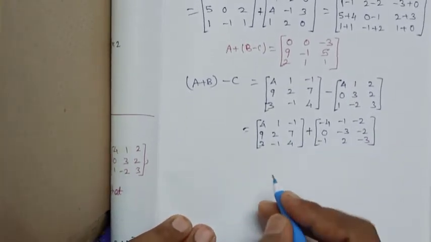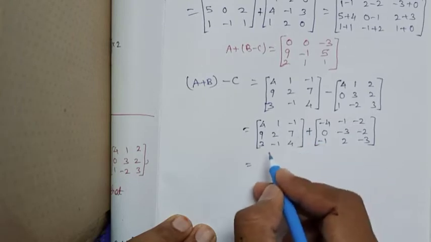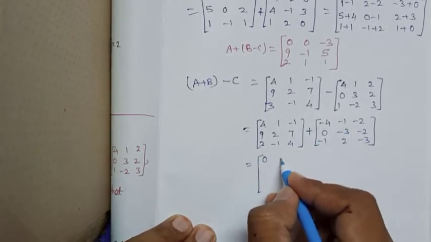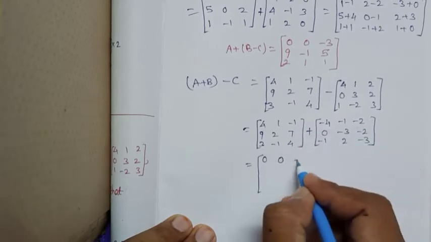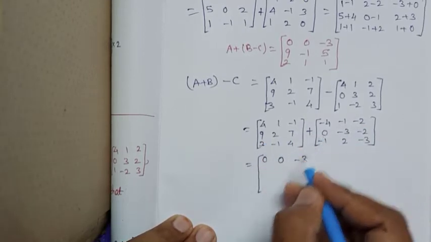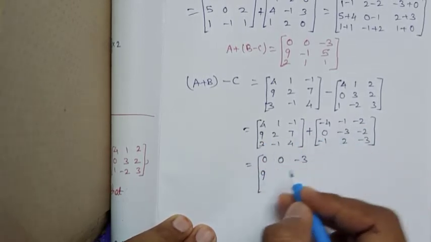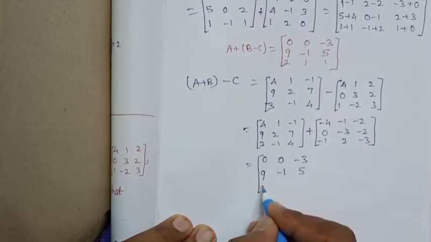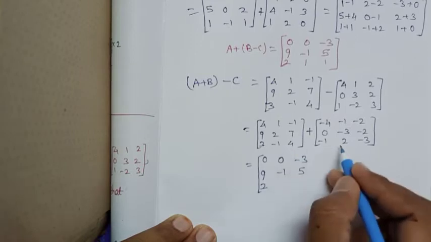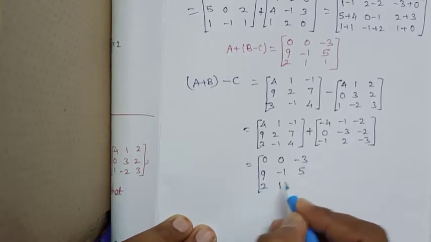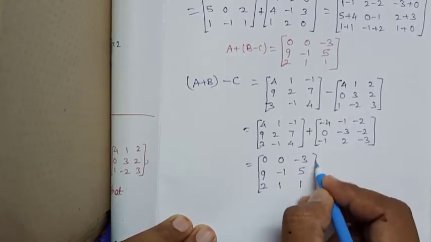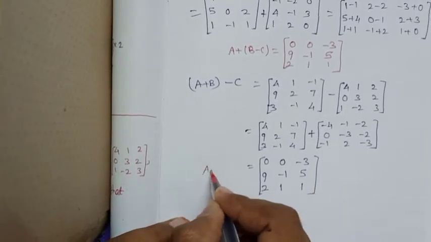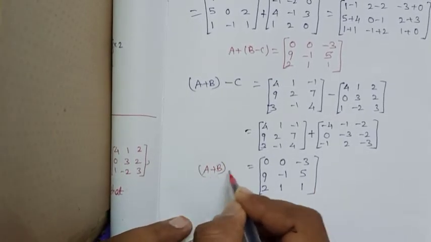Now we add the two matrices. 4 minus 4 we get 0, 1 minus 1 is 0, minus 1 minus 2 we get minus 3, 9 plus 0 is 9, 2 minus 3 is minus 1, 7 minus 2 is 5, 3 minus 1 is 2, minus 1 plus 2 is 1, 4 minus 3 is 1. So this is the right hand side, (A plus B) minus C.